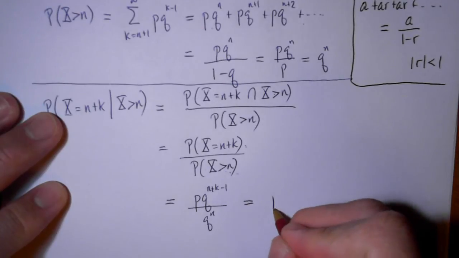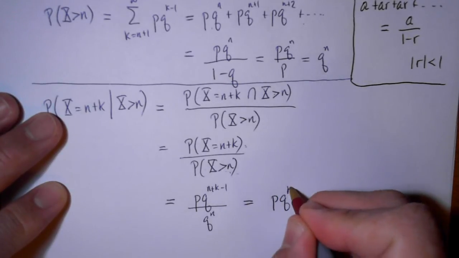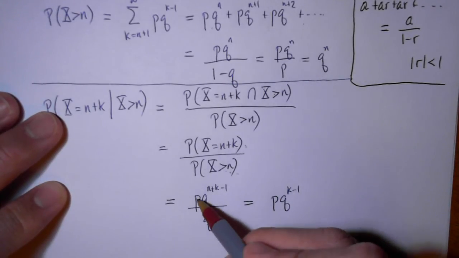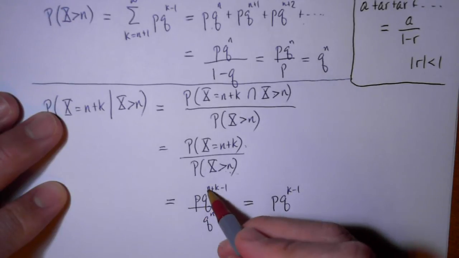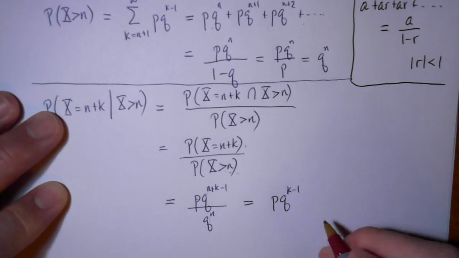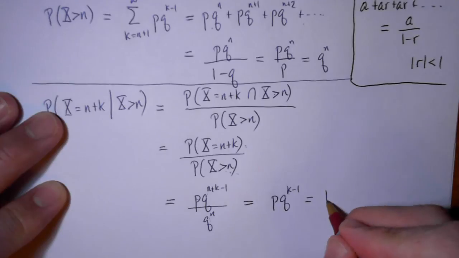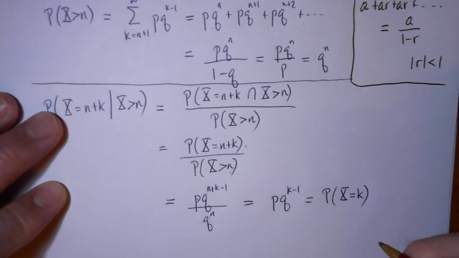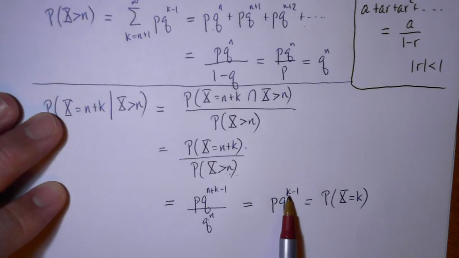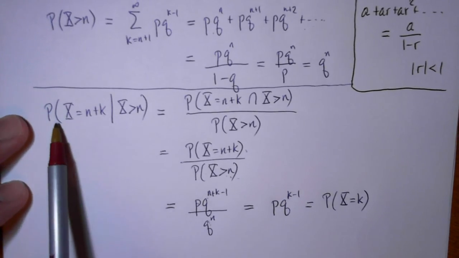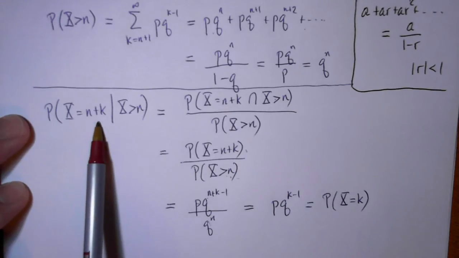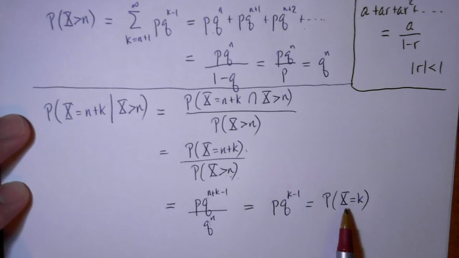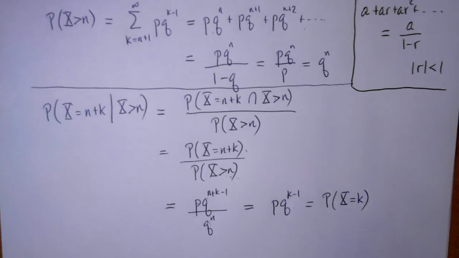This simplifies to p times q to the k minus 1, canceling the q to the n that appears top and bottom. And that is the formula for the probability of a geometric random variable where the first success happens on the kth trial. And so the chance that X is equal to n plus k, given that X is greater than n, is equal to the probability that X equals k.